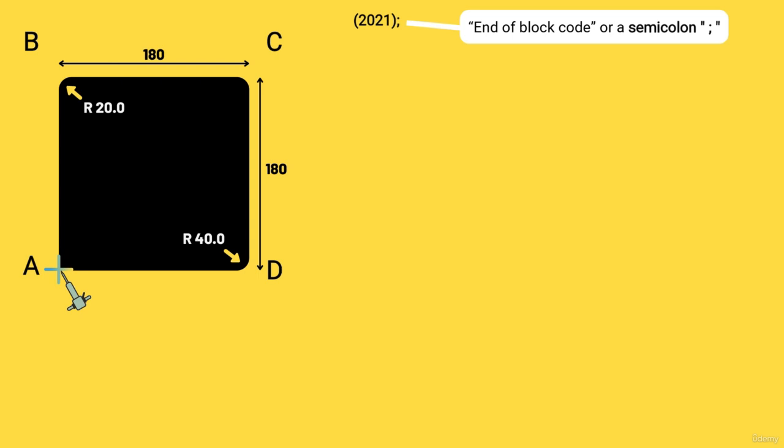At the end of this line we have a semicolon, which means end of block. This tells the machine that this line is at its end. So after every line of G code, we add an end of block code or semicolon.